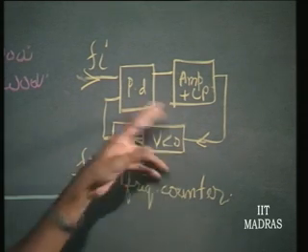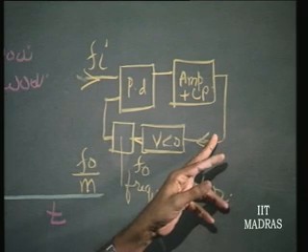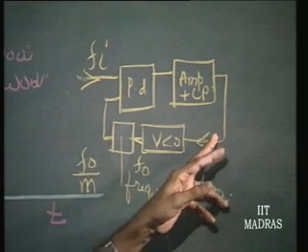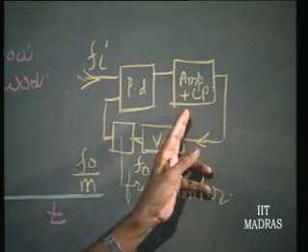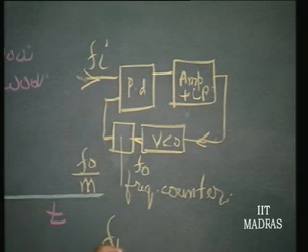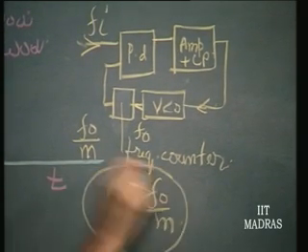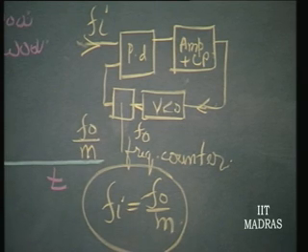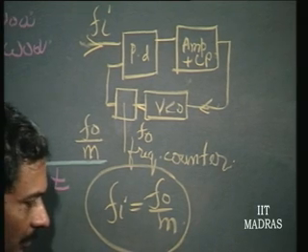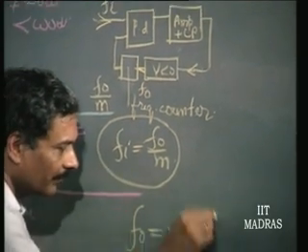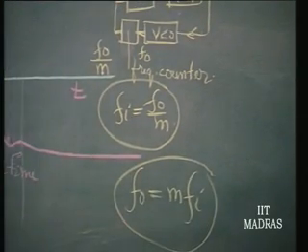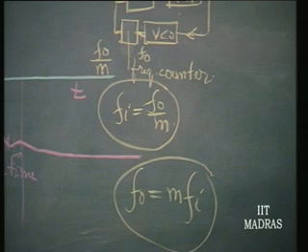It thinks that this whole thing is the VCO. So it will say Fi should be equal to f naught by m, or f naught is therefore equal to m times Fi. So you take the output here and you will get frequency multiplication.